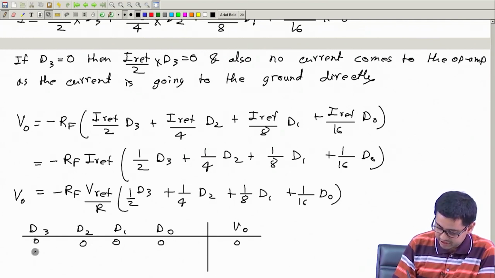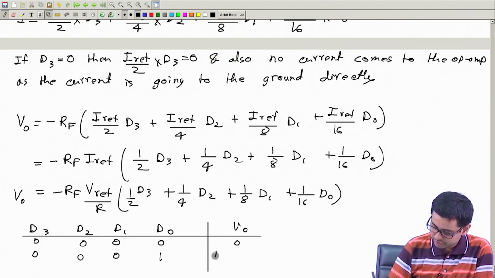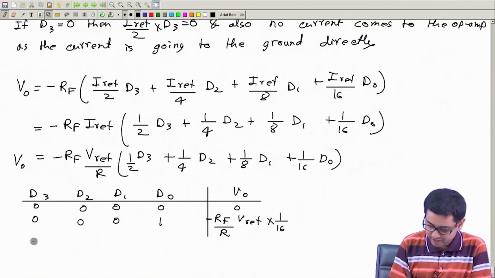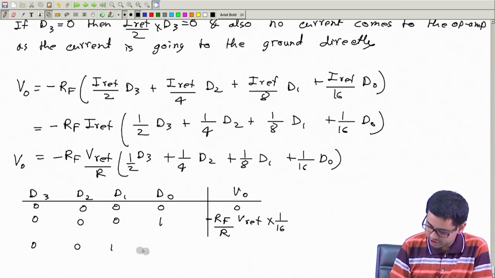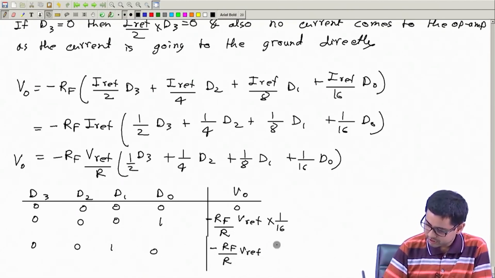And if I take 0, 0, 0, 1, then I will have 1 by 16 only. So that will be minus RF, to be precise, VREF by R into 1 by 16. Similarly, you can take 0, 0, 1, 0. This will be minus RF by R VREF into 1 by 8.